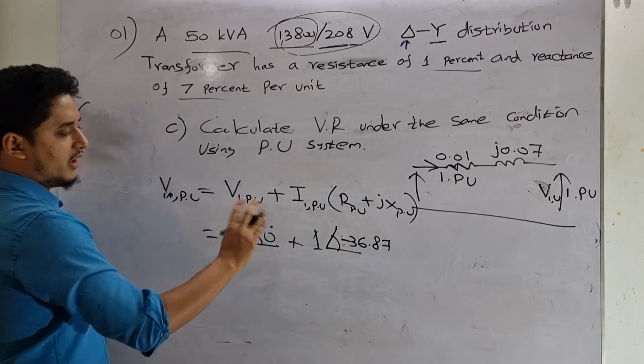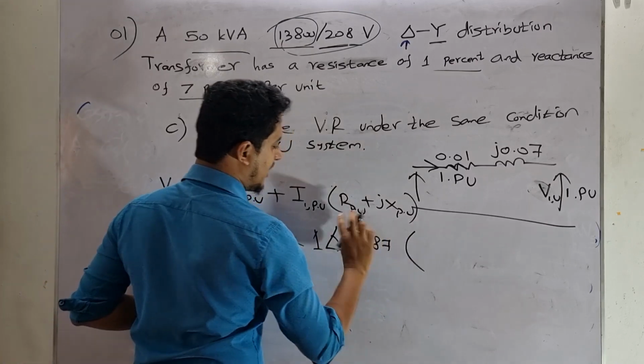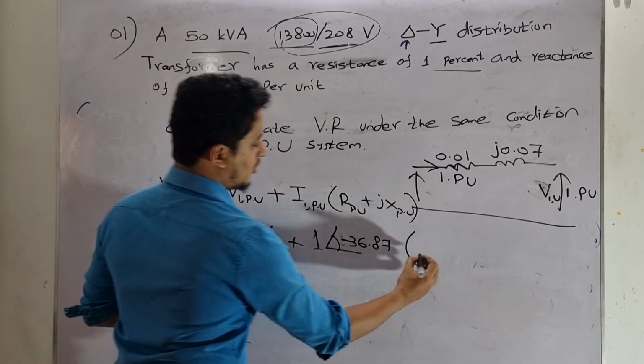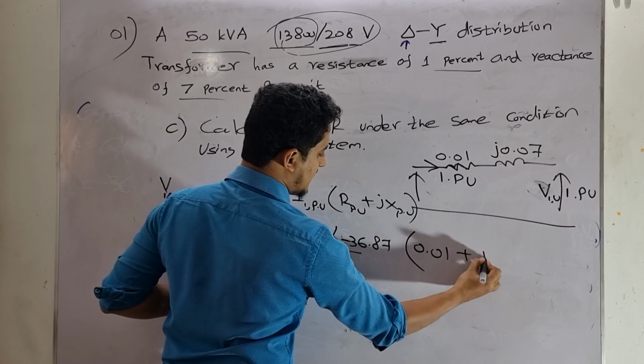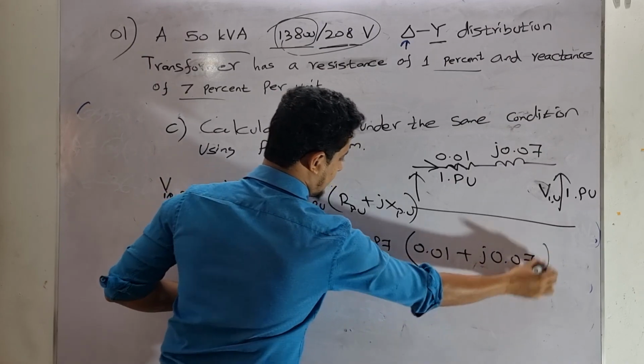This is the per unit current multiplied by the per unit impedance, 0.01 plus j0.07.